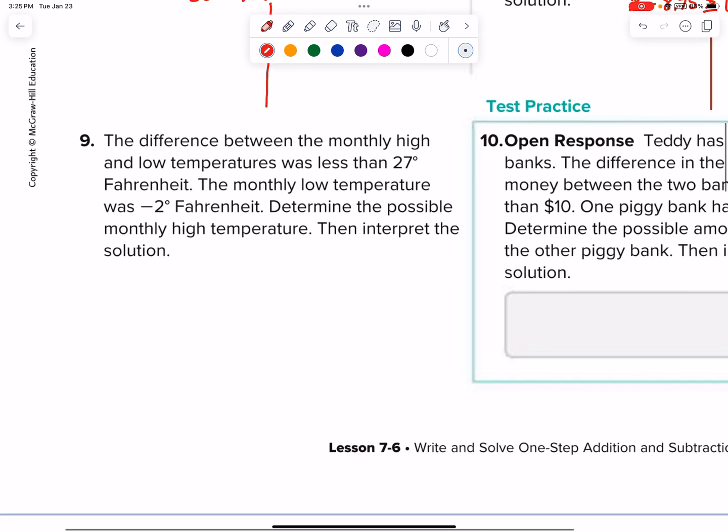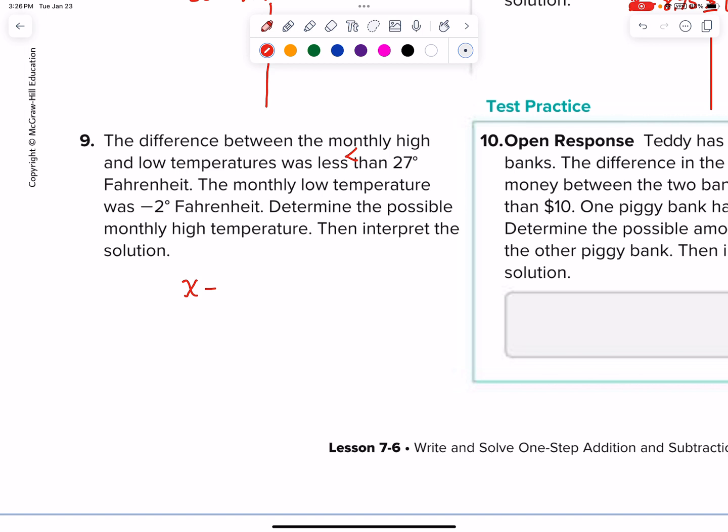All right, let's go ahead and look at number 9. The difference between the monthly high and low was less than, well, that's pretty nice, that's easy, less than 27 degrees Fahrenheit. They're telling you the monthly low was -2. Determine the possible monthly high. We know we would do high minus low.